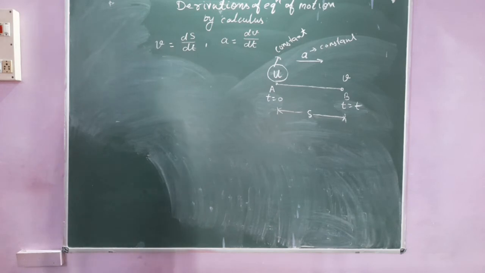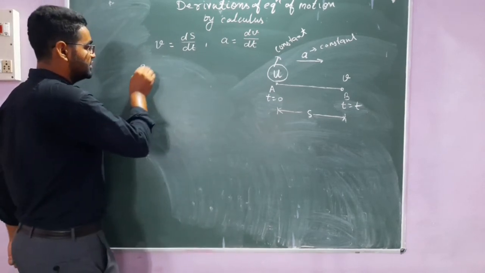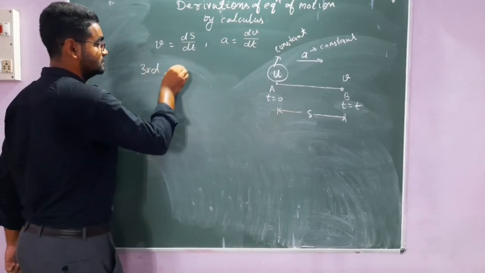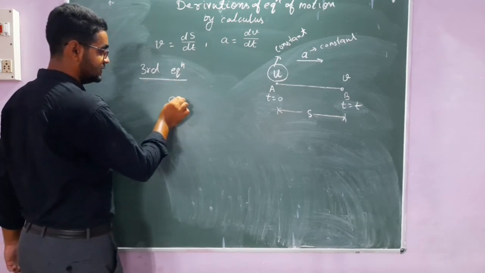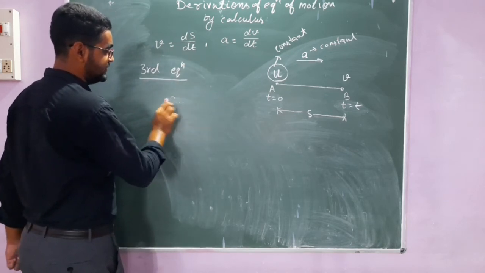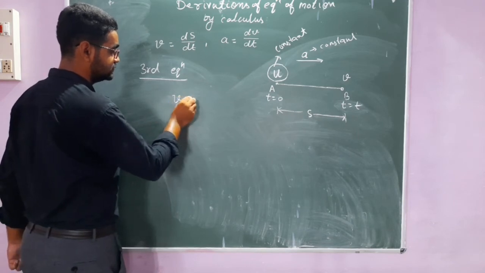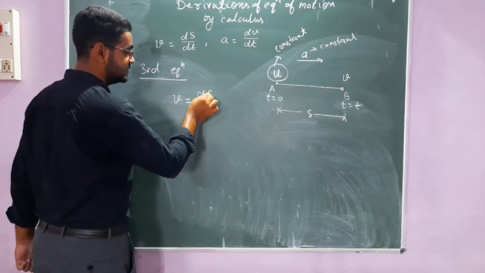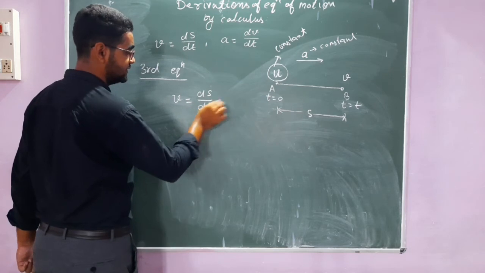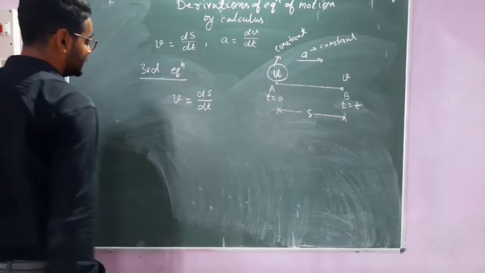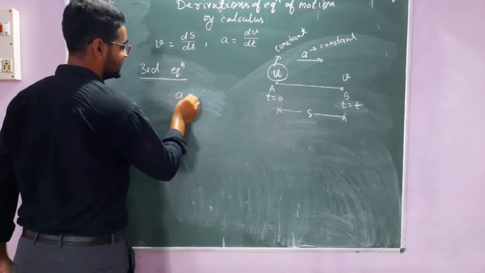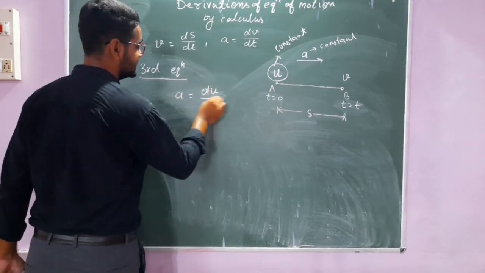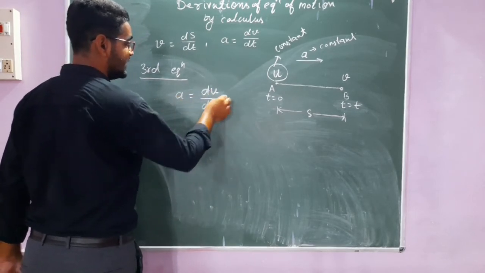Now for the third equation of motion, we know that v is equal to ds by dt, or we can say that a is equal to dv by dt.